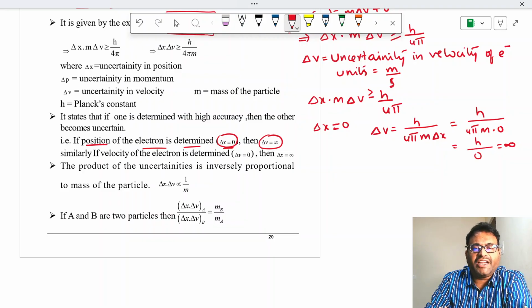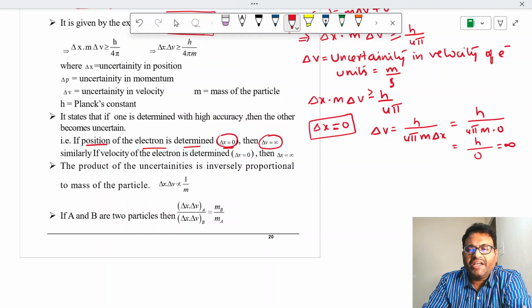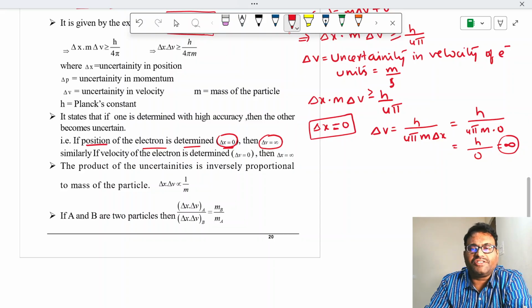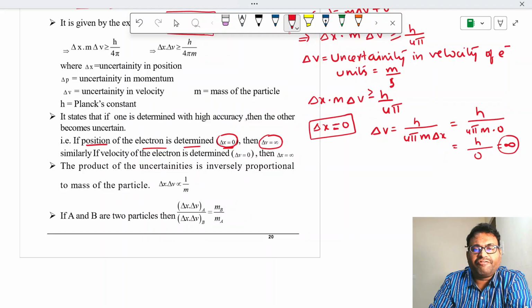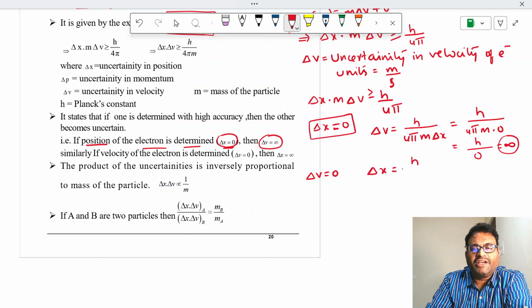That means if error in the position is 0, we have calculated exactly or accurately, then error in velocity will be infinity. That means there is large error in velocity. In the same way, if error in velocity is 0, then error in position will be h by 4 pi m into delta v, which is h by 0, equal to infinity.